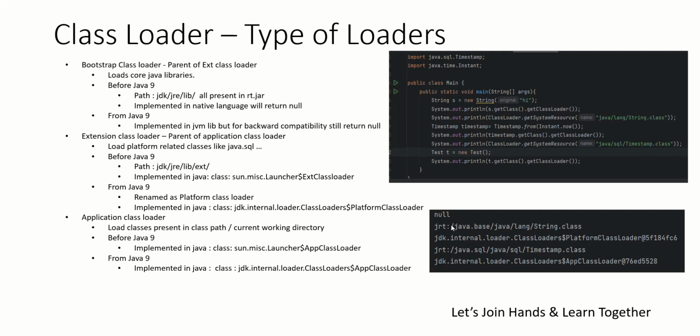Similarly, next is Timestamp, which is the SQL Timestamp. This is a platform package. I try to see which class loader loaded this class, and it shows it's the platform class loader.